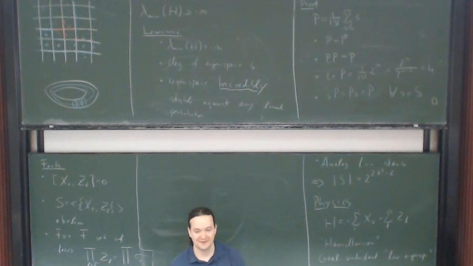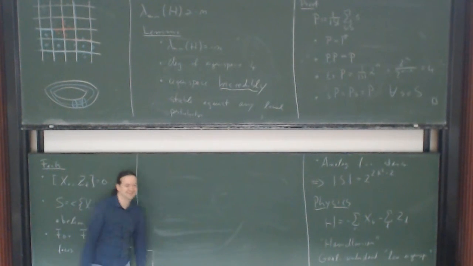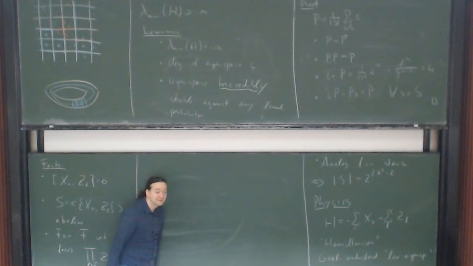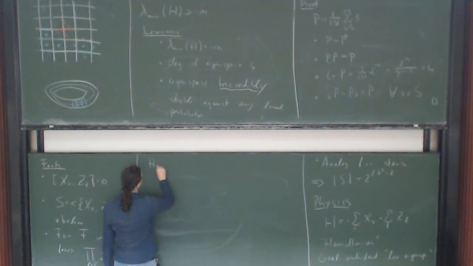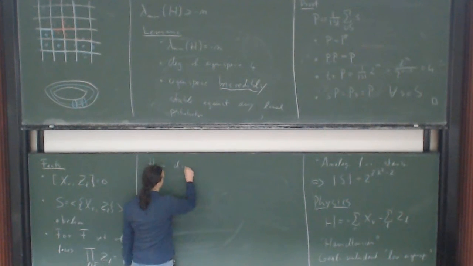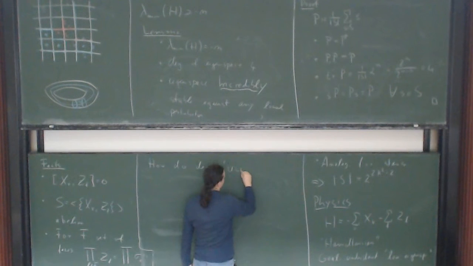Nobody would say that. Please don't say that. Yeah, symmetry. Aha, symmetry, exactly. So how do degeneracies, quote unquote, usually arise?